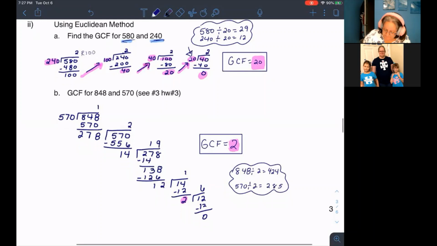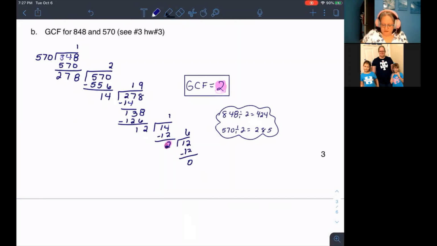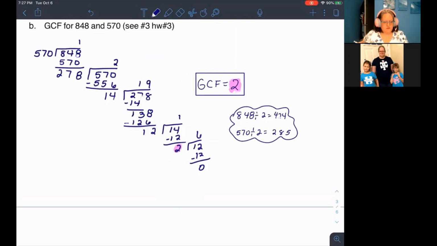So then I found a little bit more visual way to see it online. It kind of just gives you a little step down. So this one is for the greatest common factor of 848 and 570. You first start with the smaller number, the 570, and you divide that into the 848.